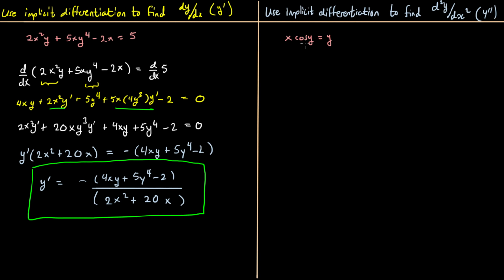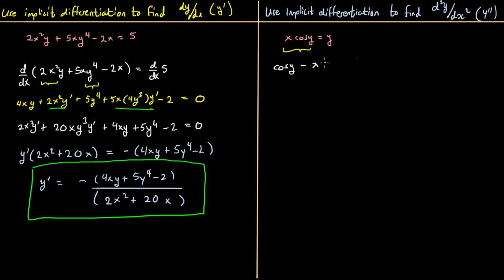So if we take the derivative of this end here, we're going to get cosine of y plus, and here the derivative of cosine is going to be minus sine, so plus x times minus sine of y. And because of the chain rule, we have a y prime here. So let me go ahead and just rewrite this as cosine of y minus x times sine of y times y prime.